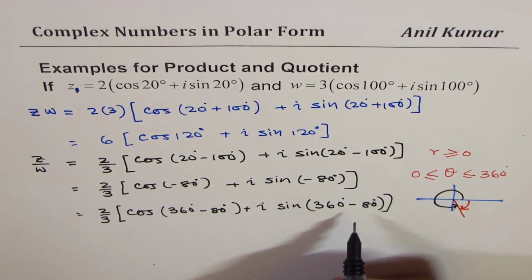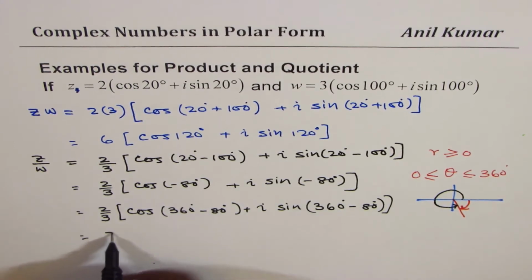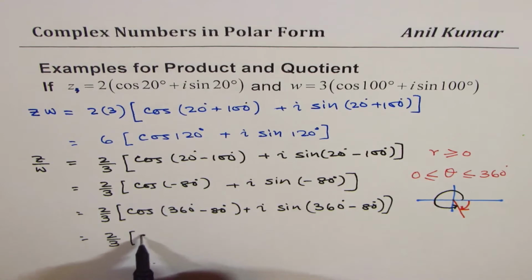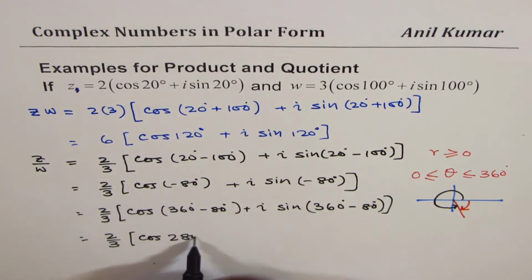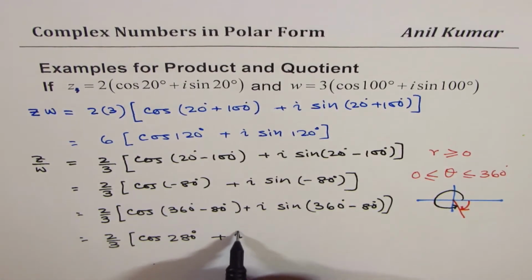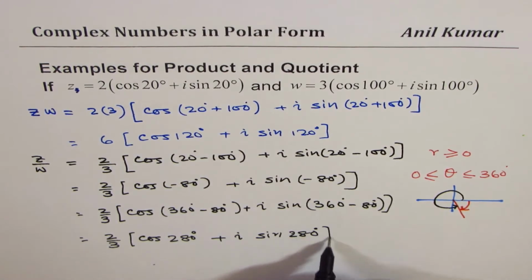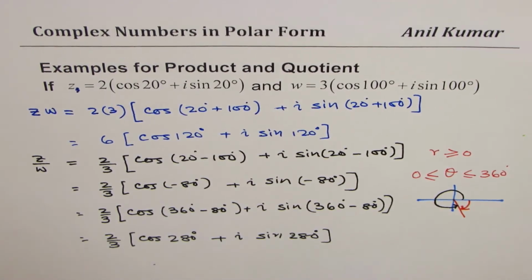So this is a very critical step. You should not really miss this, correct? So now we get our final answer, which is 2 over 3 times cos of 280 degrees plus i sine of 280 degrees. Correct? So that is how you find the product and quotient of complex numbers in polar form.